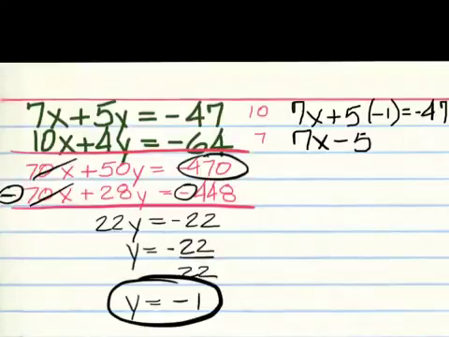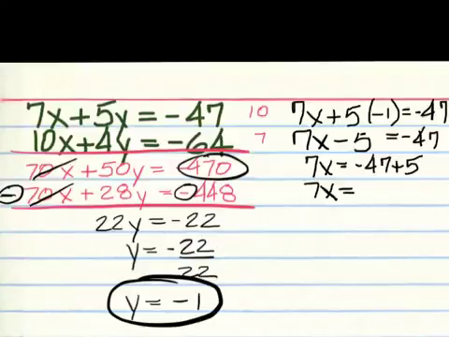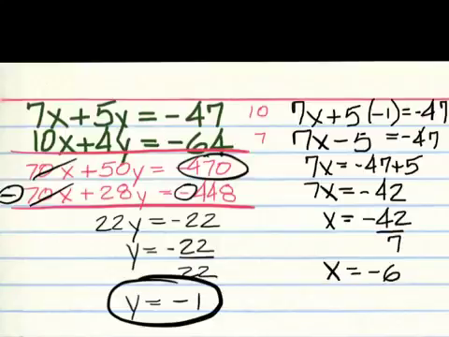And then you'll move that to the right side and make it plus 5. So negative 47 plus 5 is a negative 42, and divide that by 7 to come up with a negative 6. So your final answer should be negative 6, negative 1.